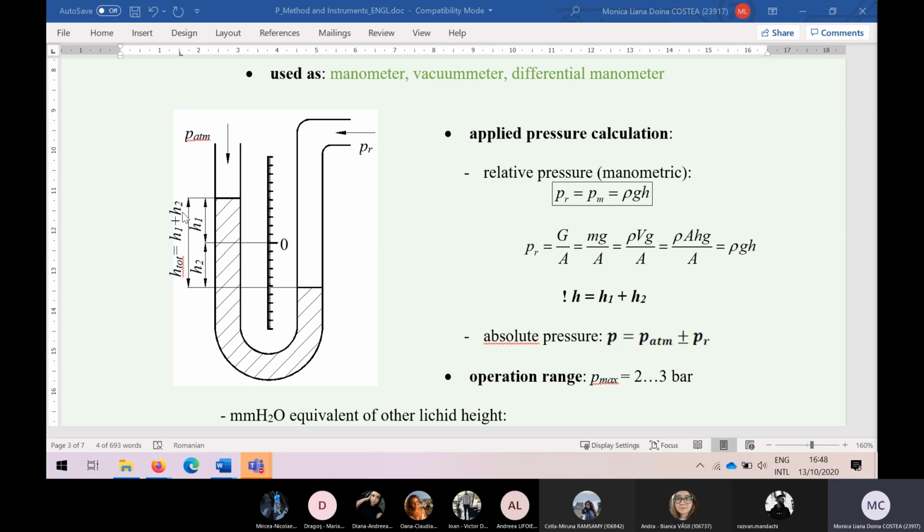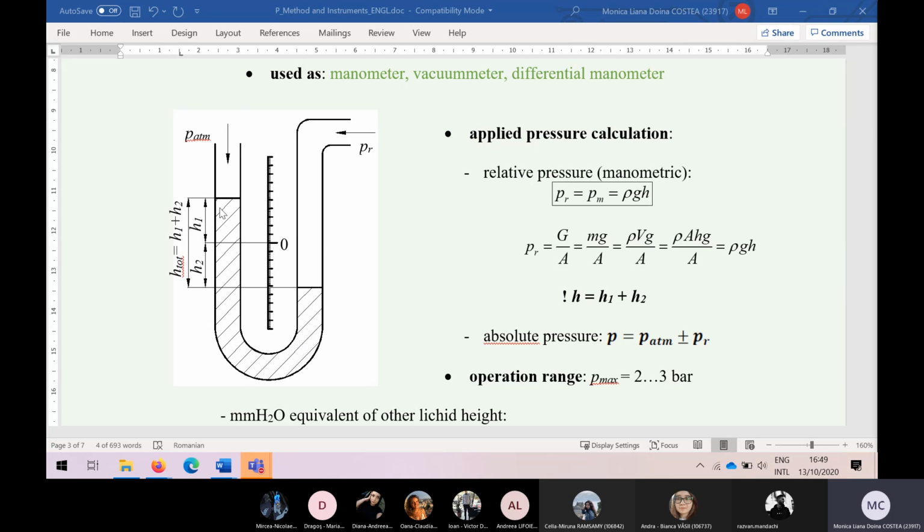Of course, the height depends on the value of the pressure, but the idea is that here the instruments compare the pressure to be measured to the atmospheric one. Because the column rises against the atmospheric pressure, it was at 0 at the beginning, yes?